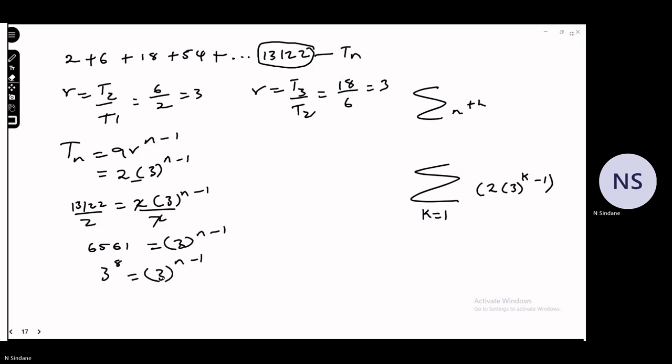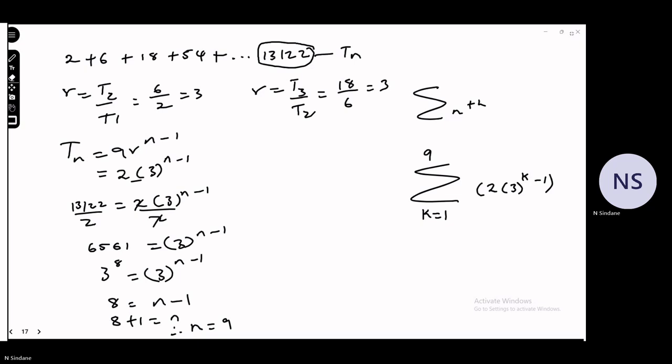According to the laws of exponents, the bases are the same, so I can leave them out and deal with the exponents. This will be 8 is equal to n minus 1. And then 8 plus 1 is equal to n. Therefore, n or k is equal to 9. So in this case, the position of the last term is 9.